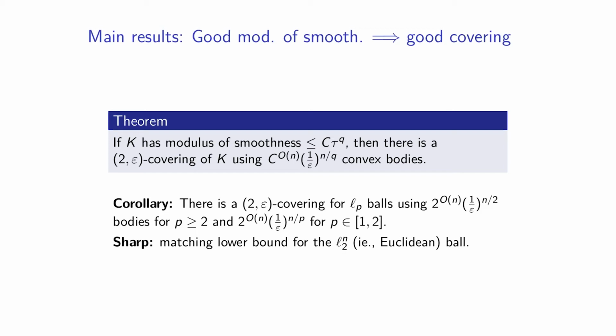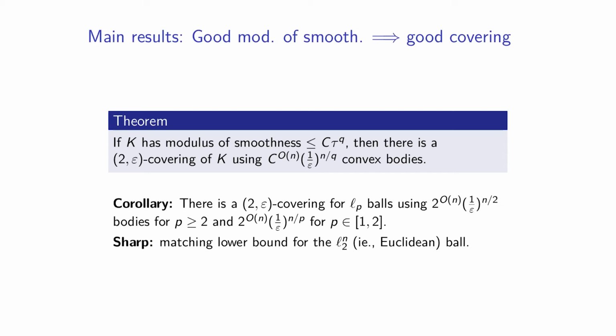And for other Lp's, where p is between 1 and 2, you have n divided by p. So if your p is close to 2, then it's essentially n half. The further away, the closer you get to L1, the less good your modulus of smoothness becomes. Okay, and as I mentioned before, for the Euclidean ball, we have this matching lower bound.